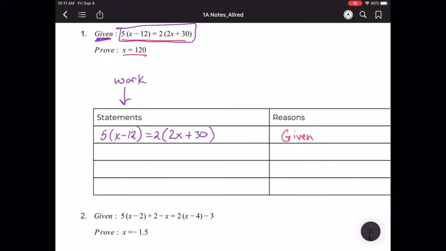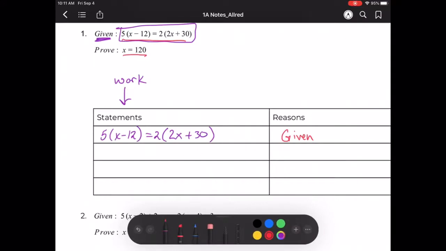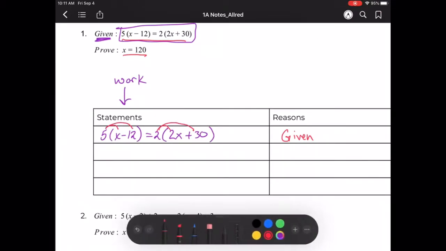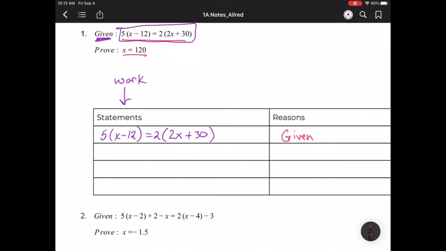Then we start to do the work. Now here's where this is a little bit different. I'm actually not going to show separate steps. I'm going to show the result of the next step. If I wanted to show it, I could do my distributing lines like that, but I'm actually not going to include those in on that line. I'm just going to show what I would get.